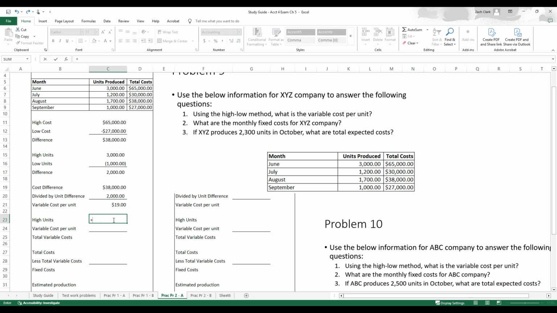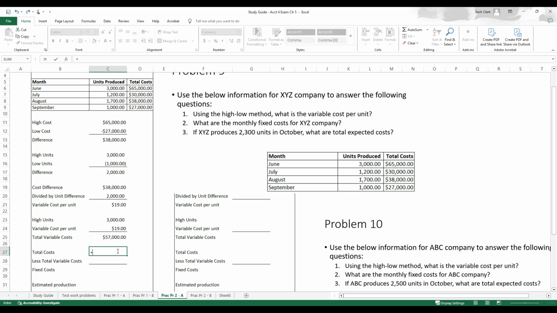And then we can go back using this number. Let's go to our high month in our units, take our variable cost per unit, and just multiply those together to say our total variable cost is $57,000 if we're calculating out $19 per.